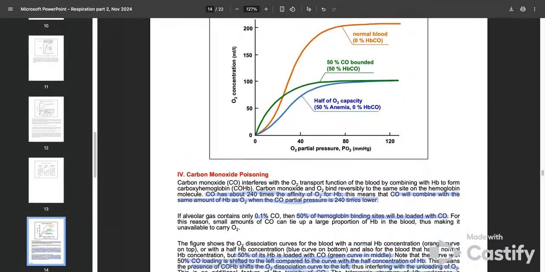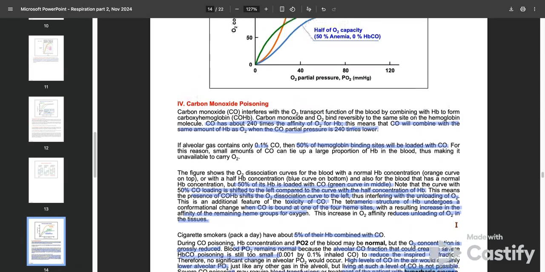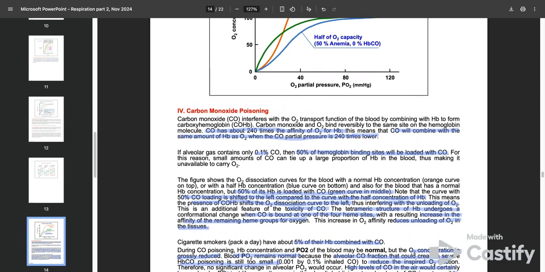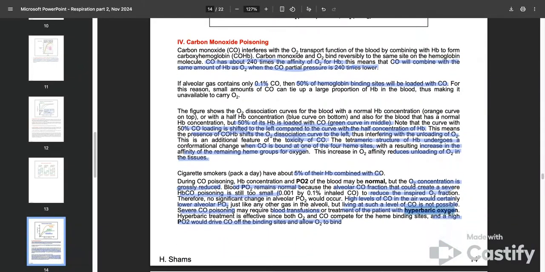So we need to fix this. How do we fix this? There's treatment with hyperbaric oxygen, which basically means giving oxygen at very high partial pressures, and that very high partial pressure would push the carbon monoxide away and make the oxygen bind. And there's also blood transfusions.